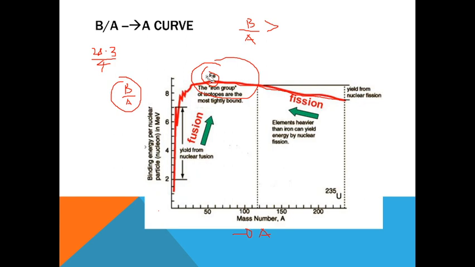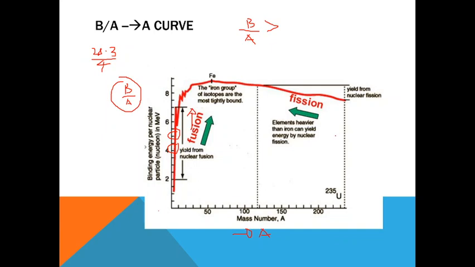One piece of information which you've seen is that the B by A value is not the same for all atoms. Now, if I fuse two atoms, I am able to move upwards, my B by A value increases.